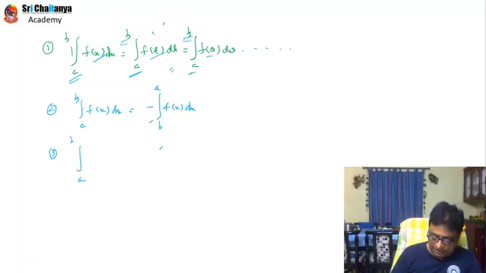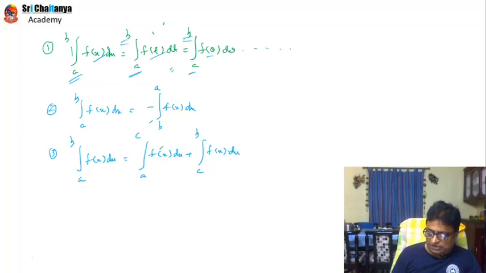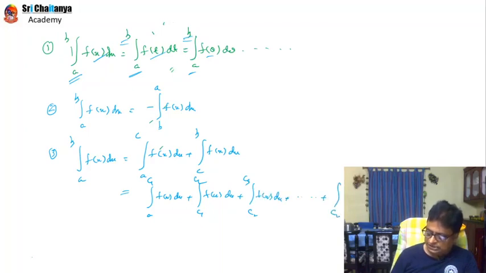That is, integration a to b f of x dx can be written as integration a to c f of x dx plus integration c to b f of x dx, where c is either an inside point of the open interval (a, b) or an outside point. Also, this can be written as integration a to c1 f of x dx plus integration c1 to c2 f of x dx plus integration c2 to c3 f of x dx, and so on, plus integration cn to b f of x dx.